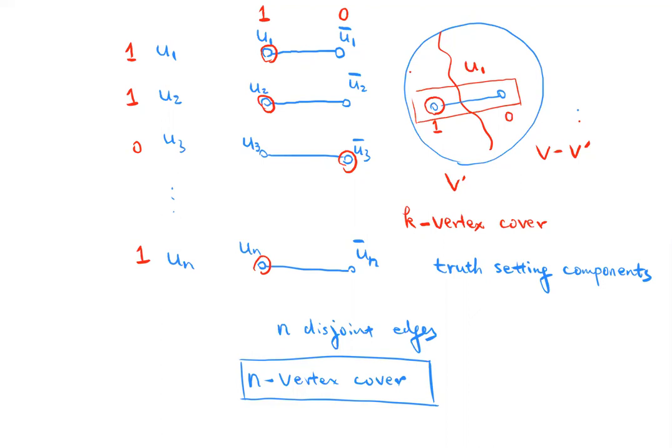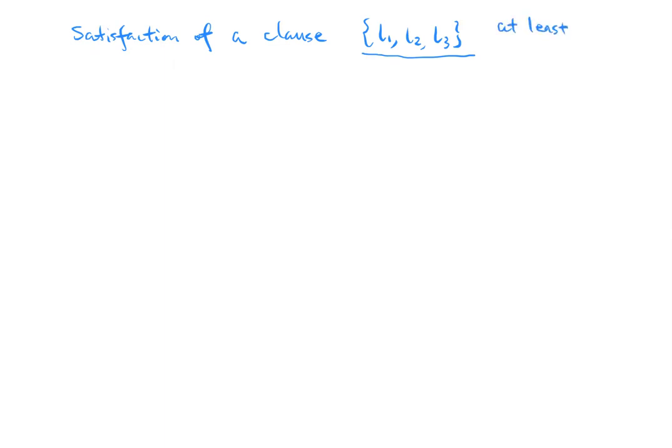Now another important part is the satisfaction of a clause. Let's say it's L1, L2, L3. Another important structure in an instance of 3SAT is a clause, a triple. How do we know it's satisfied? It is satisfied if at least one literal is true.